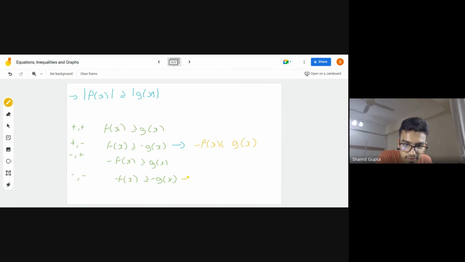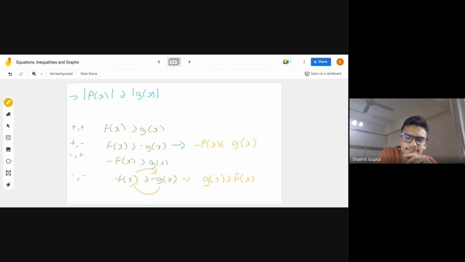And in this case, how will you do that? I suggest that instead of multiplying by the negative, you add f(x) on the other side and add g(x) on the other side, because there are two negatives here, so it might be confusing. It'll become g(x) is greater or equal to f(x). I just took g(x) here by addition and took f(x) here by addition. Okay, two negatives would have gotten confusing.